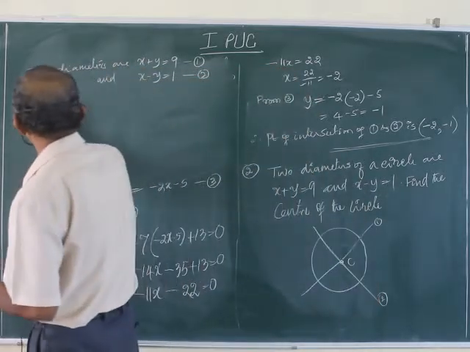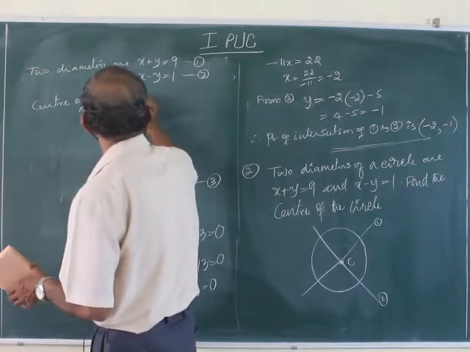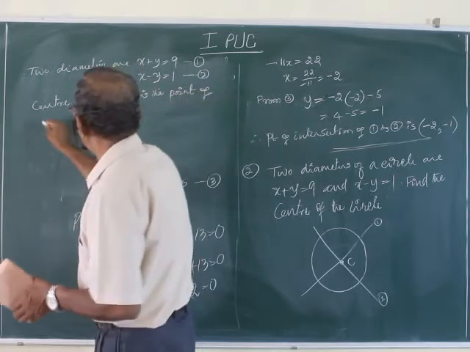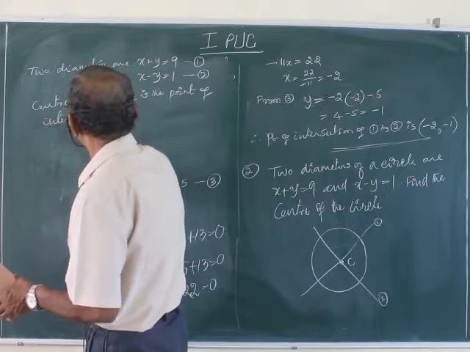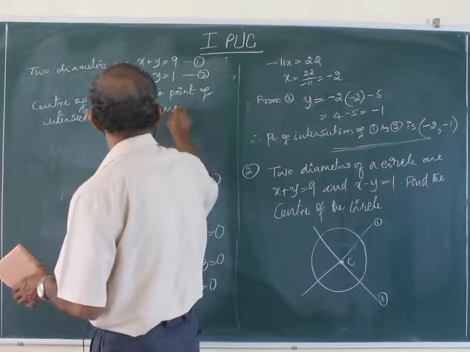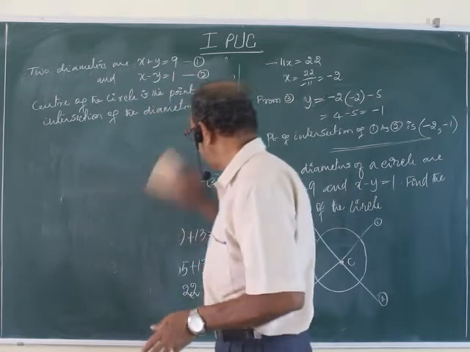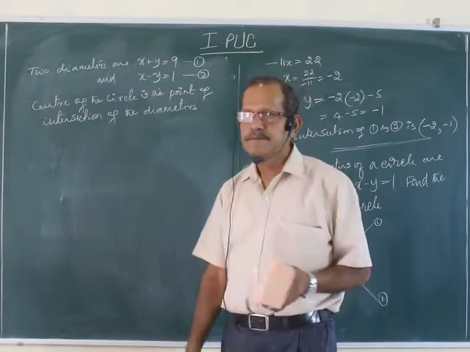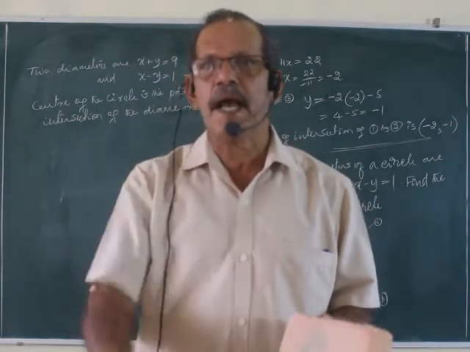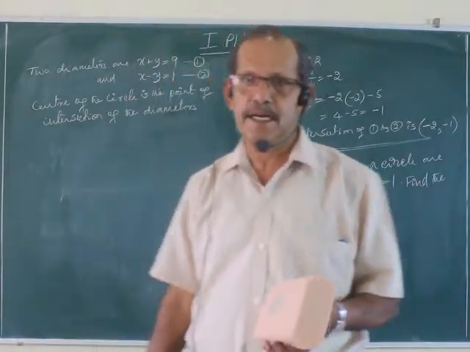Center of the circle is the point of intersection of the diameters. Correct, no? Observe this one carefully. Center of the circle is nothing but the point of intersection of the diameters, because all the diameters must pass through the center of the circle.